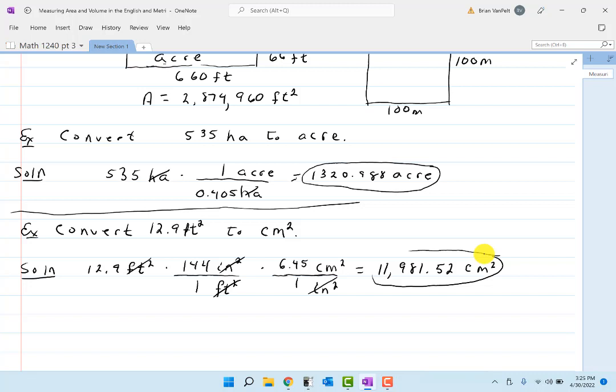The exact answer in this case, by the way, happens to be this number, 11,984.49216 centimeters squared. So you can see it's off by 3 centimeters.